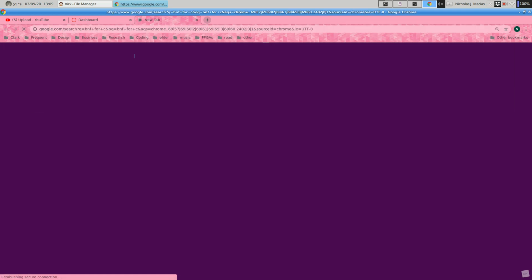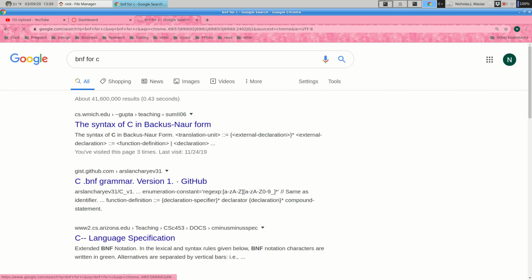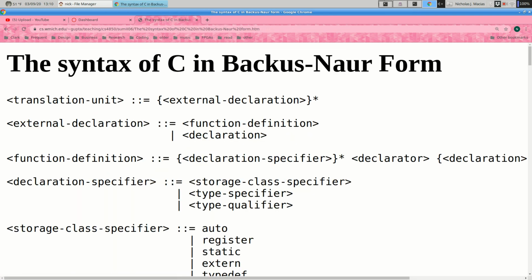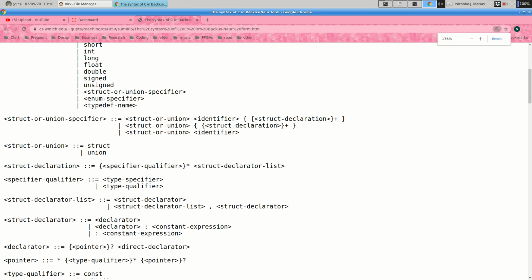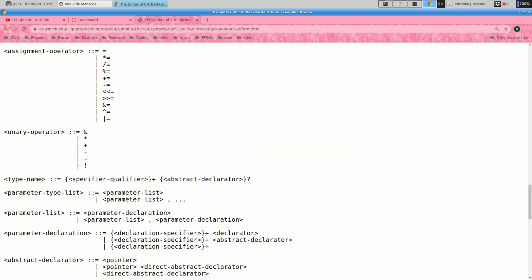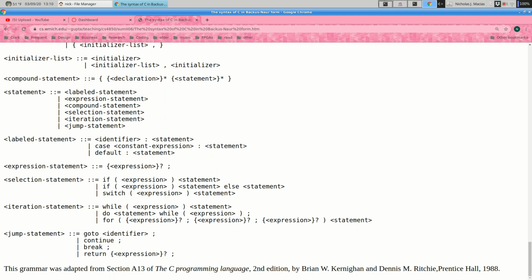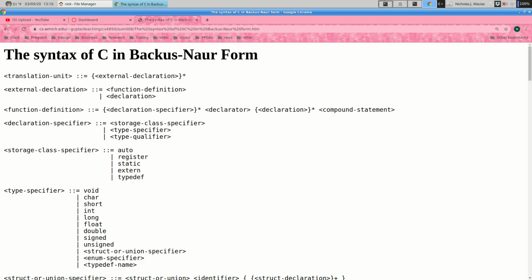So you can look for things like the BNF for C. And it's not that big. That's the whole C language. I guess that's not too bad. There's a lot of stuff in here that we don't usually talk about in these classes, like unions, for example.